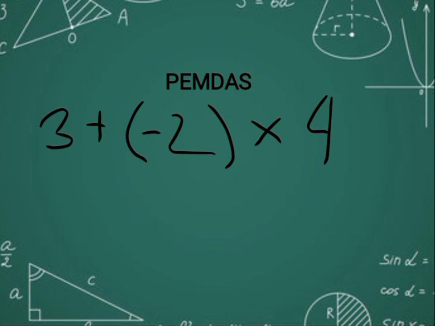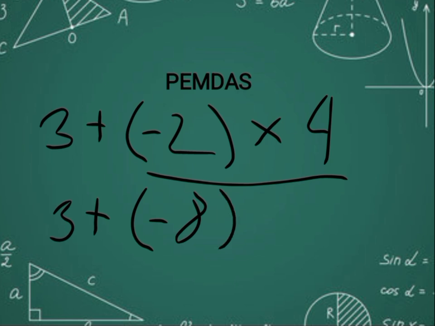In the rule of PEMDAS, we first solve the multiplication. So negative 2 times 4 is equal to negative 8. Then add 3 plus negative 8, it is equal to negative 5. So that's how we solve using PEMDAS.